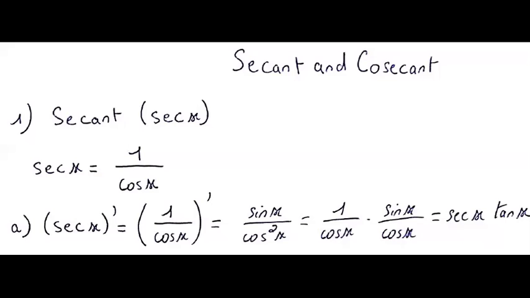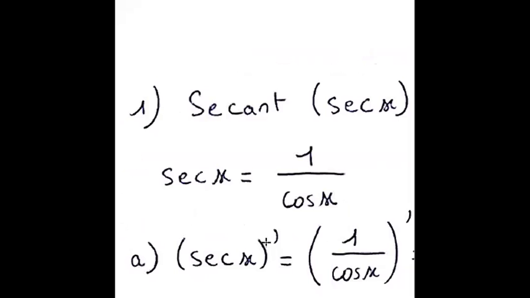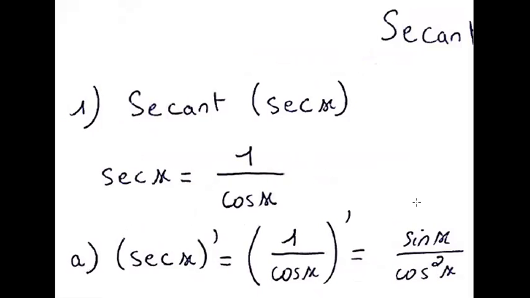So secant x prime, I am deriving 1 over cosine prime. So this is deriving 1 over u, which is minus u prime over u squared. But the derivative of cosine is minus sine.